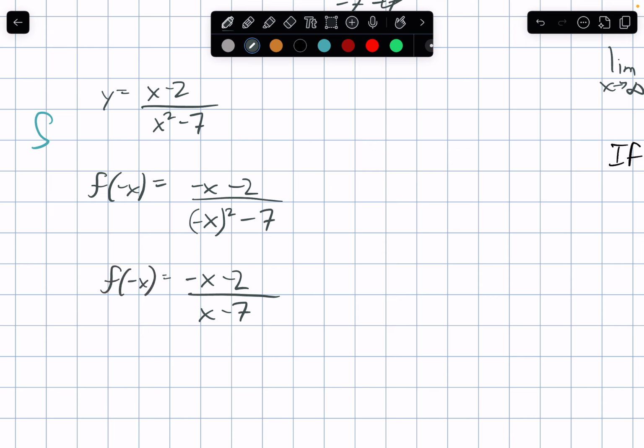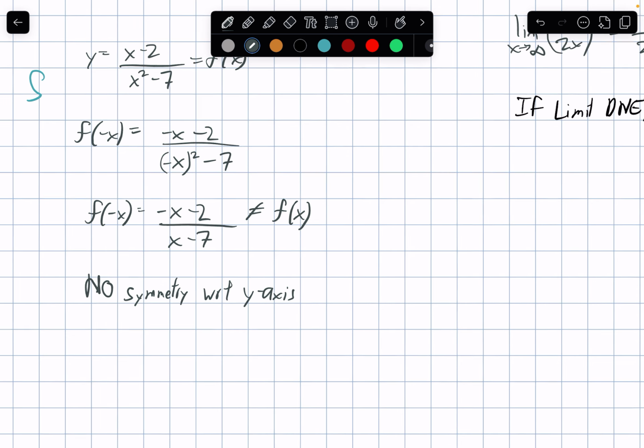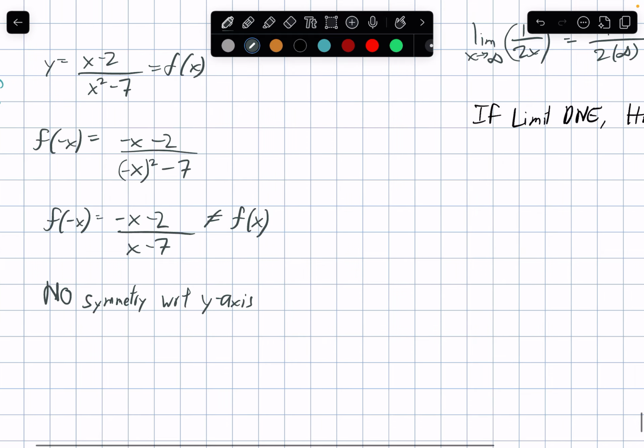So f of negative x is not equal to f of x. Therefore, we can say that there is no symmetry with respect to the y-axis. What about with respect to the origin?